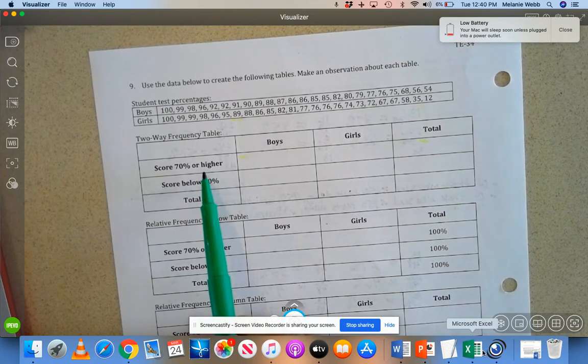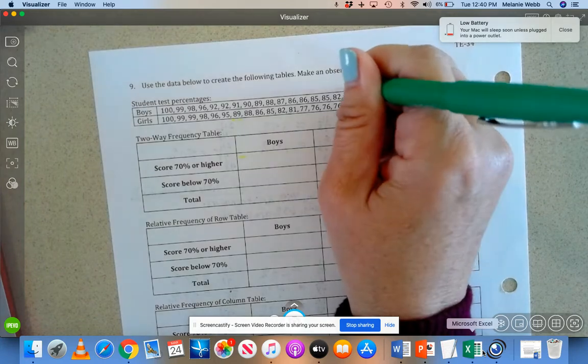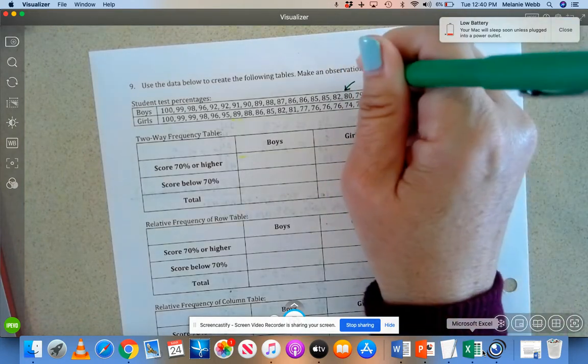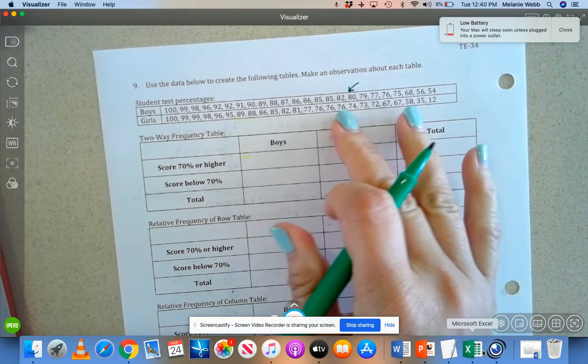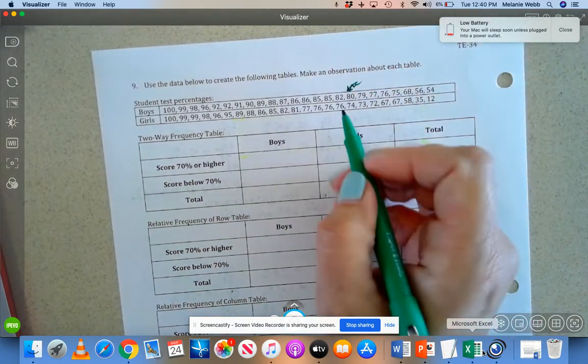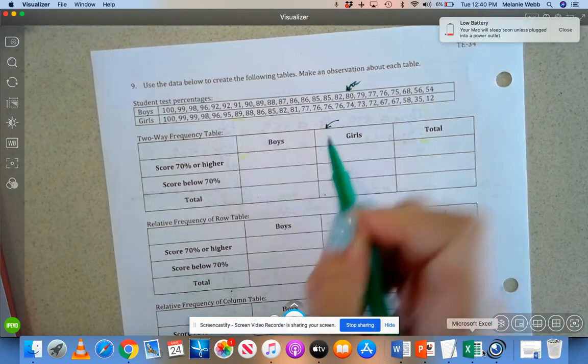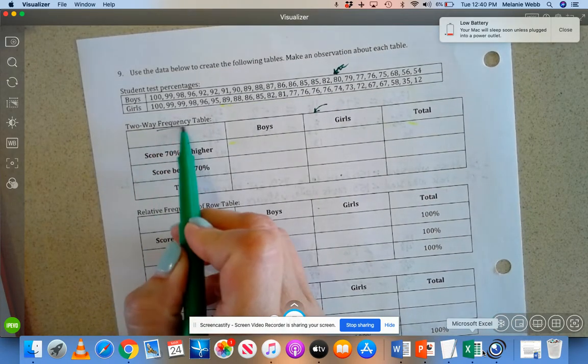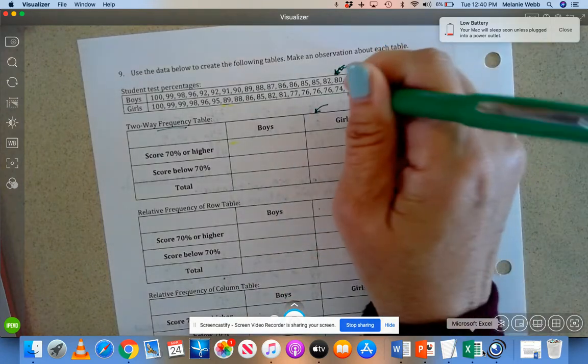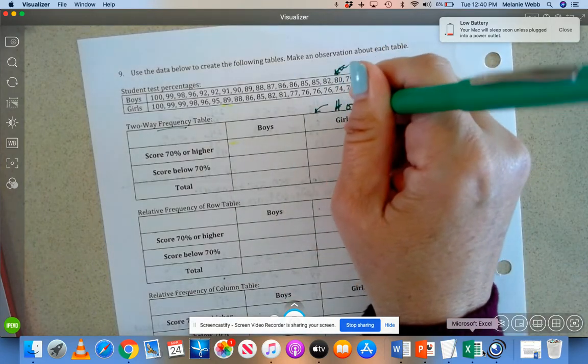Okay, now this table has the information in it, but this table that we're about to make just says two-way frequency table, not a relative frequency table. So I want numbers only, no percentages.